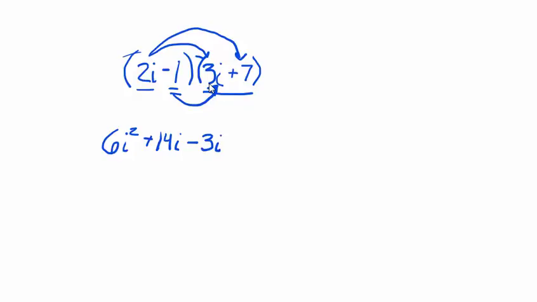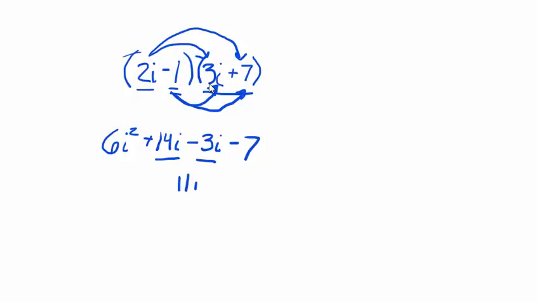And then -1 times 7, which is -7. Okay. So if you look here, this kind of looks like a quadratic. So you have a square, and then you have like terms here, and you have 7. We can go ahead and combine the like terms. So 14 minus 3 is 11i.